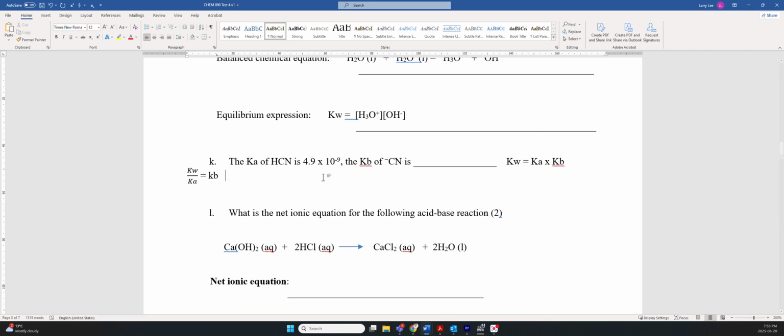Now, I would recommend when you hit on your calculator, instead of typing in times 10, go exp: 1 exp to the negative 14 divided by 4.9 exp to the negative 9. And this is going to be 2 times 10 to the minus 6. 2.0 times 10 to the minus 6. Okay, so this is what you want. Enter 2.0 times 10 to the minus 6.